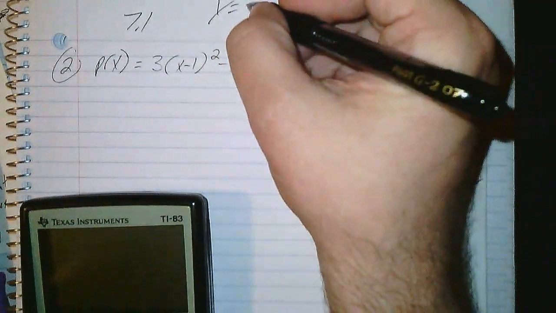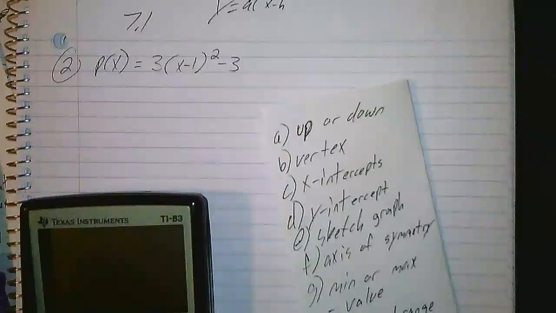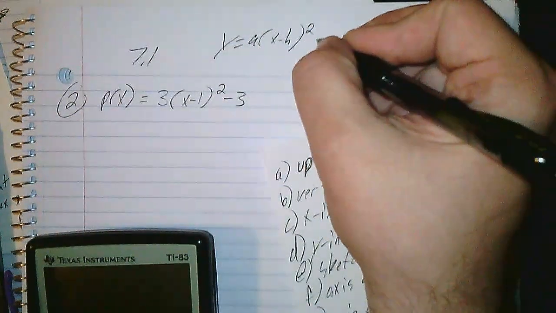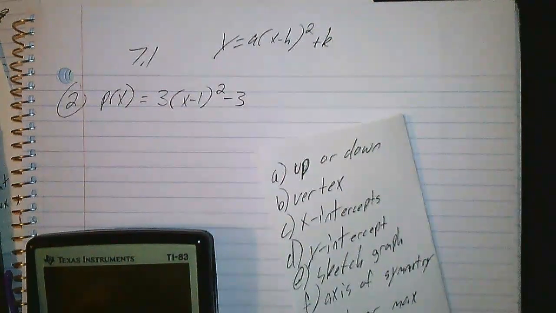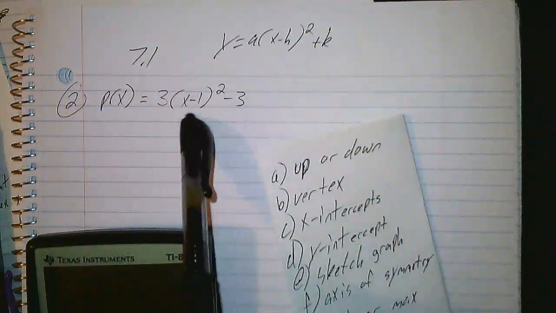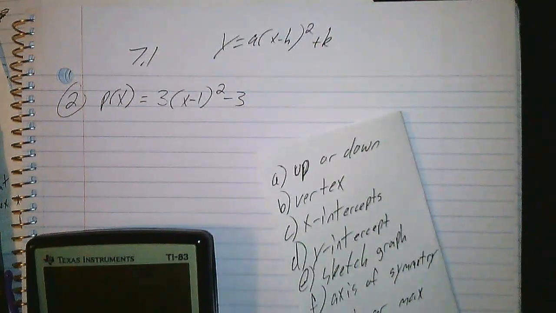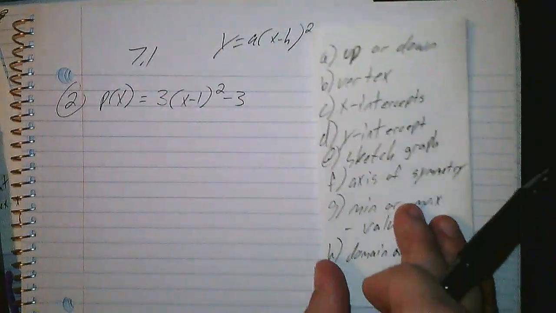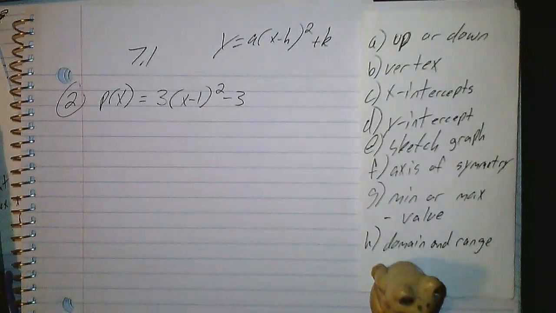Again, the formula in vertex form is a times (x minus h) squared plus k. We call this vertex form because it gives us the vertex. We can visualize the vertex. Again, you are asked to find these 8 pieces.